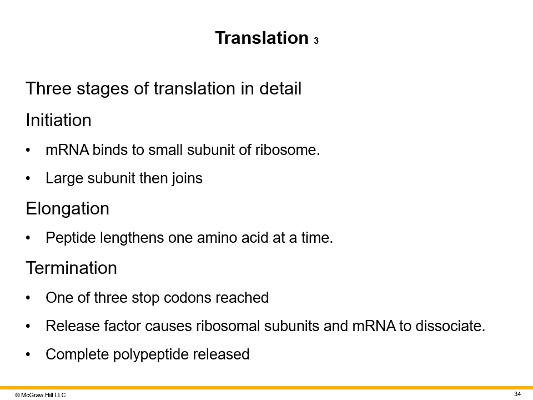Termination is when one of 3 stop codons is reached, and the stop codon is going to code for a release factor, which causes the disassembly of the mRNA from the ribosomal subunits. The polypeptide is then released.